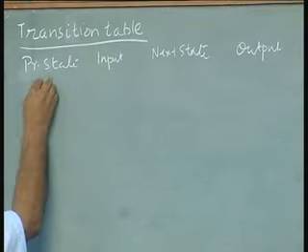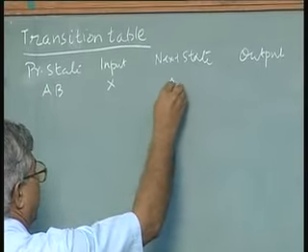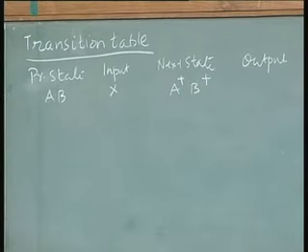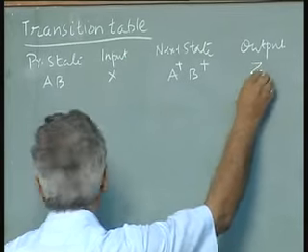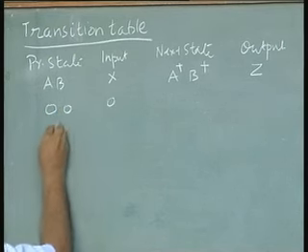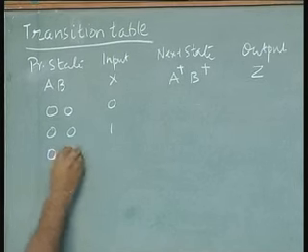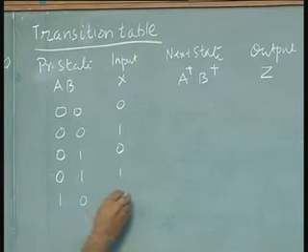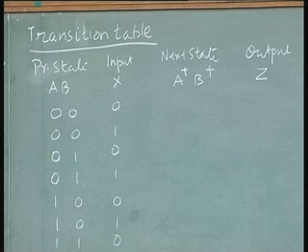Present state I will call AB, input is X, next state is AB again, but in order to differentiate between the next state and the present state, it is usual to put a plus on this, output is Z. So, now the present state is 0 0, input is 0, 0 0, input is 1, 0 1 0, 0 1 1, 1 0 0, 1 0 1, 1 1 0, 1 1 1.